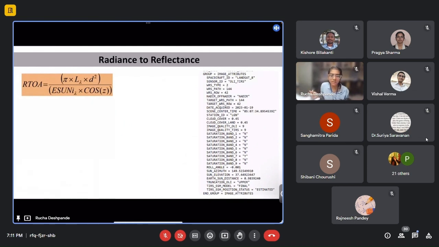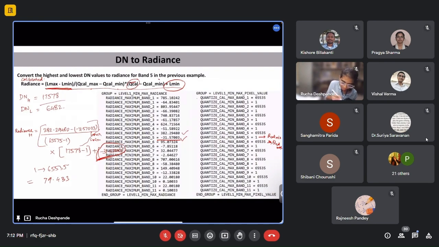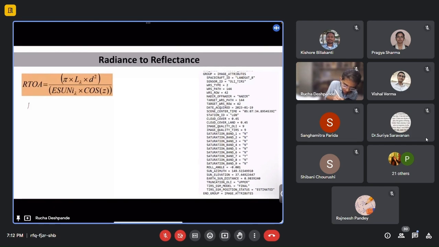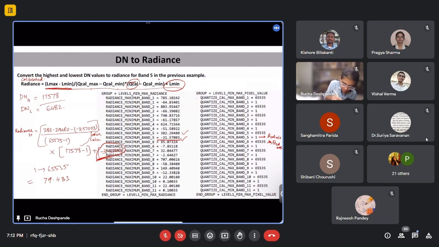Okay, now for conversion from radiance to reflectance. All the other values are given. We know the spectral radiance. We are doing it for the same values again, so take spectral radiance from the calibrated radiance for both the bands. This was 79.433.